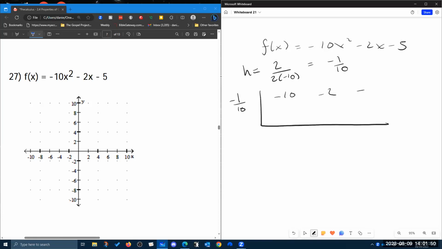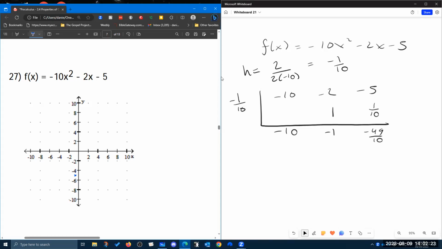Plugging in -10, -2, -5, it's going to give me a +1, -1, then +1/10, as a -49 tenths, or -4.9. So we have a -1/10, almost -5 down here for my vertex.